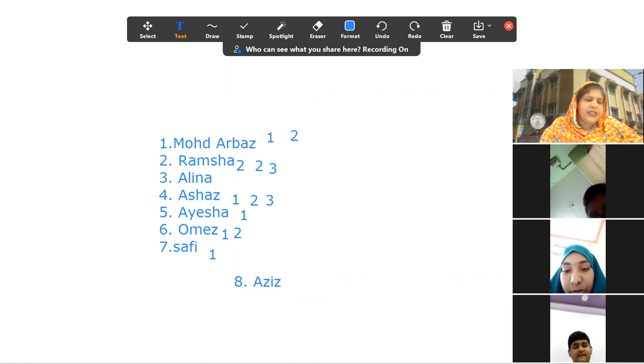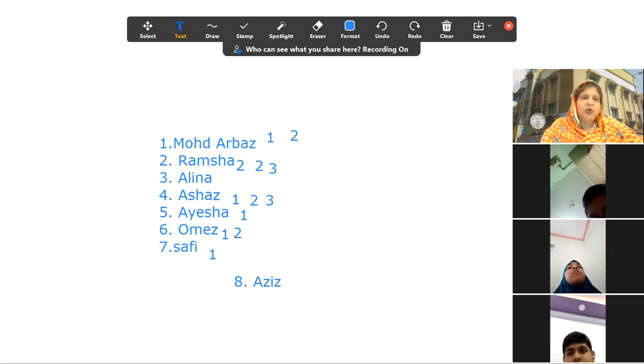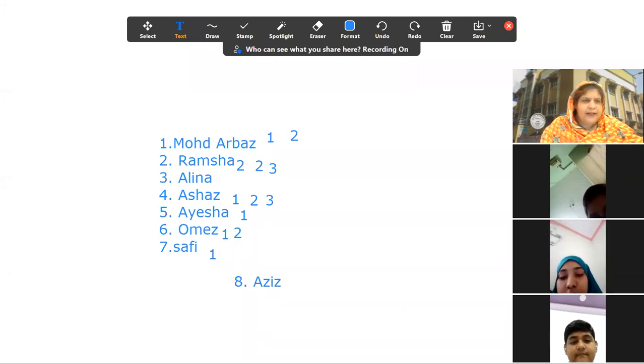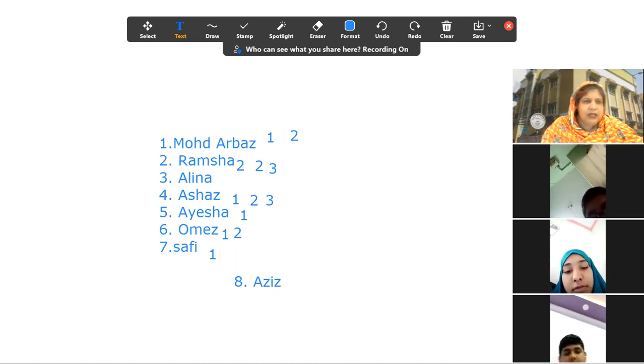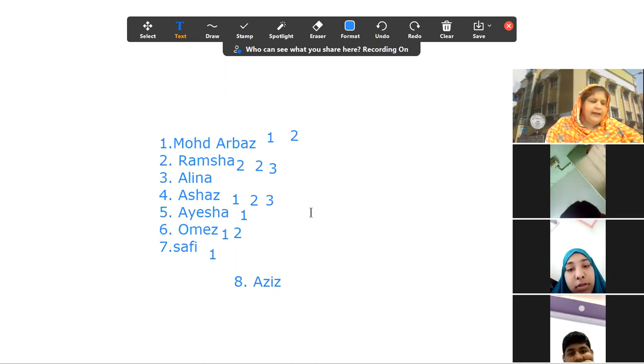None, says Ramsha. Condensation, says Asha. So nobody gets the marks here. Guttation is the right answer. So these are your scores.